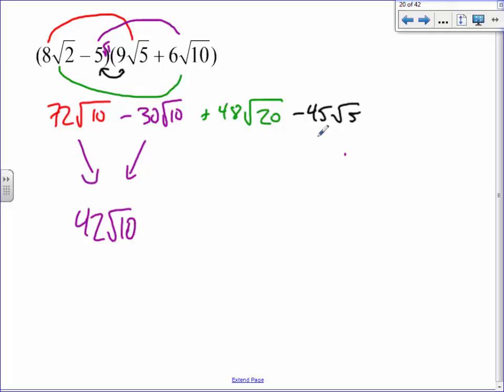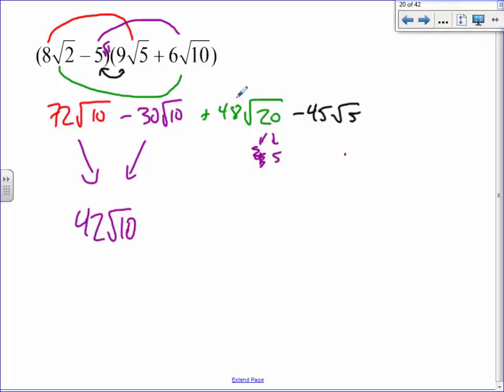Over here, these guys don't have a like radicand. But the 20 can get broken down into 1 and 20, not useful, 2 and 10, not useful, but very useful is the 4 and the 5. Not so much for the 5 just yet, but for the 4, because 4 square roots to give 2.